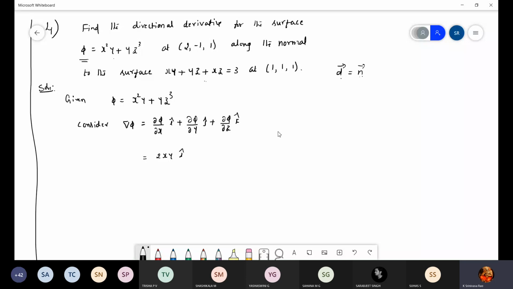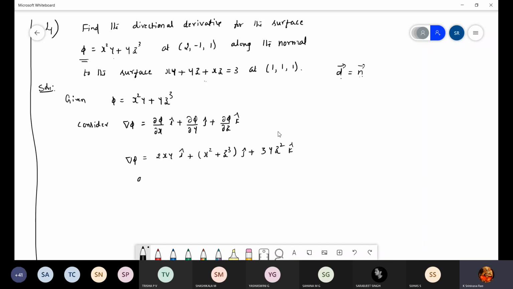With respect to y you will get x square, first term is x square, y differentiation is 1, plus z cube, second term again y differentiation is 1, j cap. Plus with respect to z, only the second term, 3 y z square k cap. So this is grad phi.